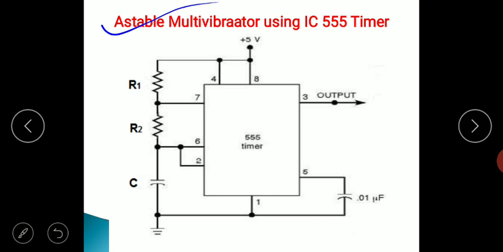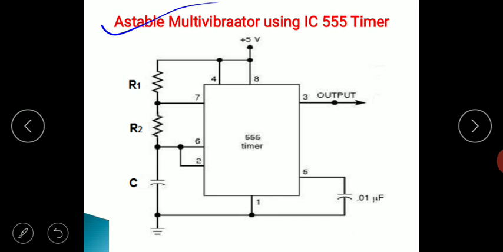Whereas monostable means there is one stable state and one quasi-stable state. Such a multivibrator is called a monostable multivibrator. So 2 types of multivibrators we can have using the timer IC 555, monostable and astable, but in your syllabus we are going to discuss only the astable multivibrator.